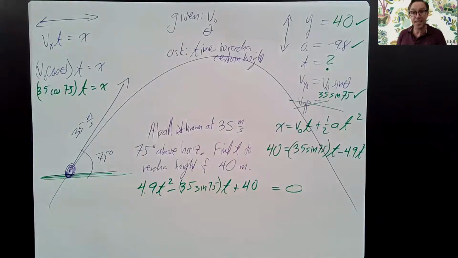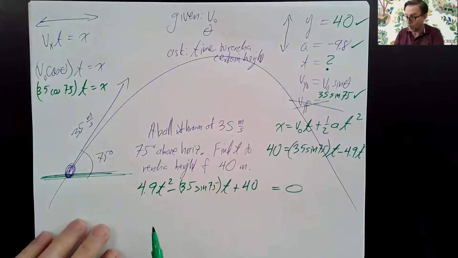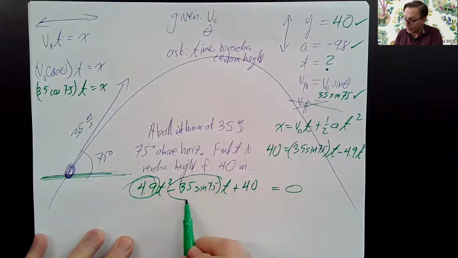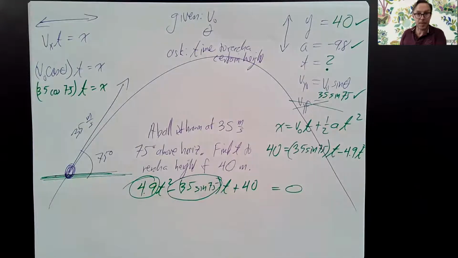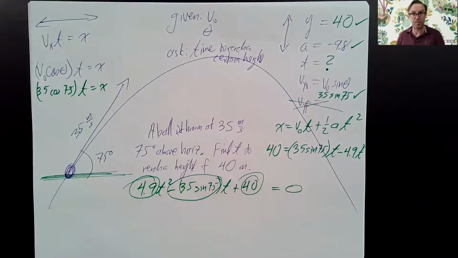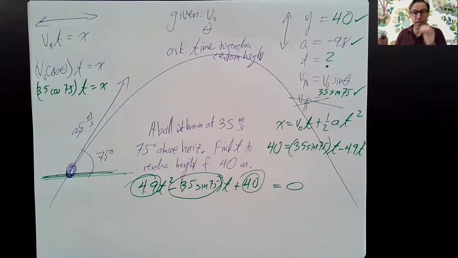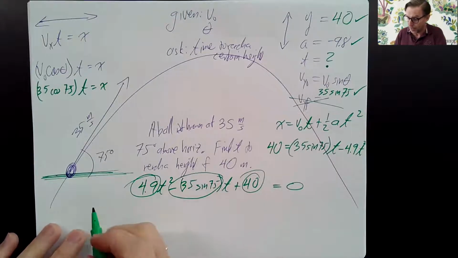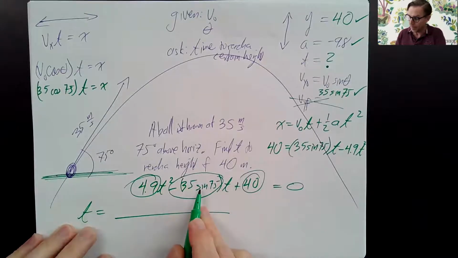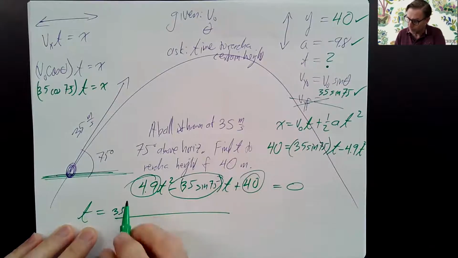And so this is a quadratic equation where 4.9 is A, negative 35 sine 75 is B, and 40 is C. So the quadratic formula tells me that my two values of t are t equals negative b. That's 35.